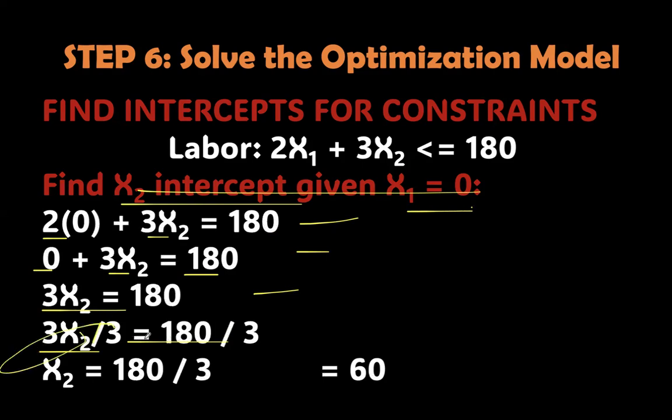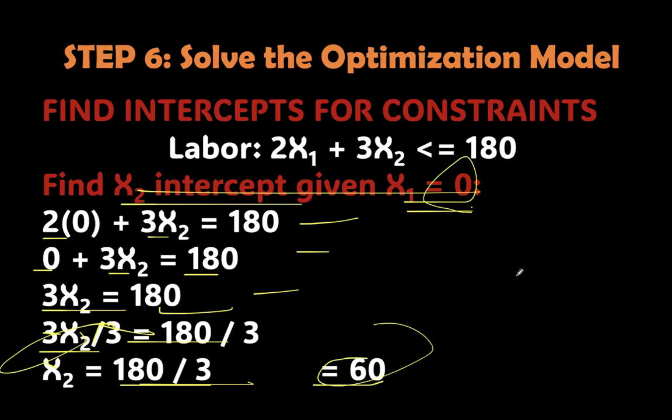3x sub 2 divided by 3, then 180 divided by 3. Cancel the 3, so x sub 2 is equal to 180 divided by 3, which is 60. So if x sub 1 is equal to 0, since we are finding x sub 2, it will become 60.